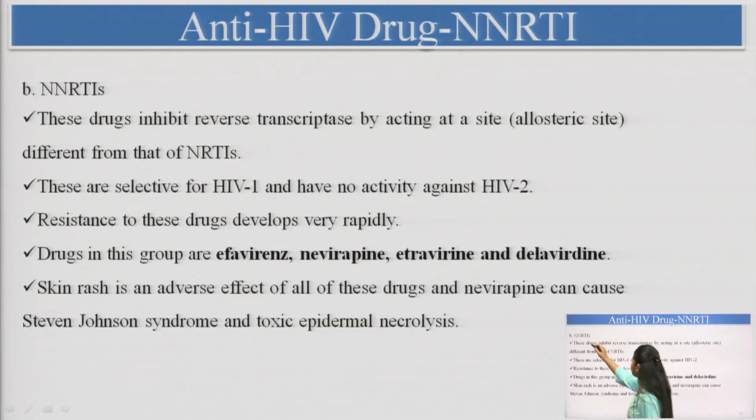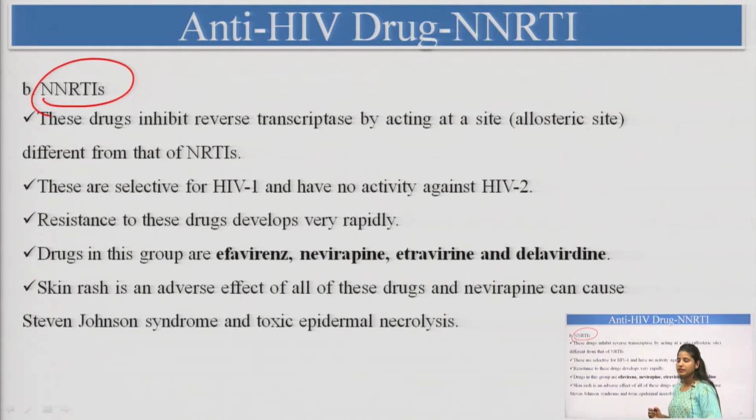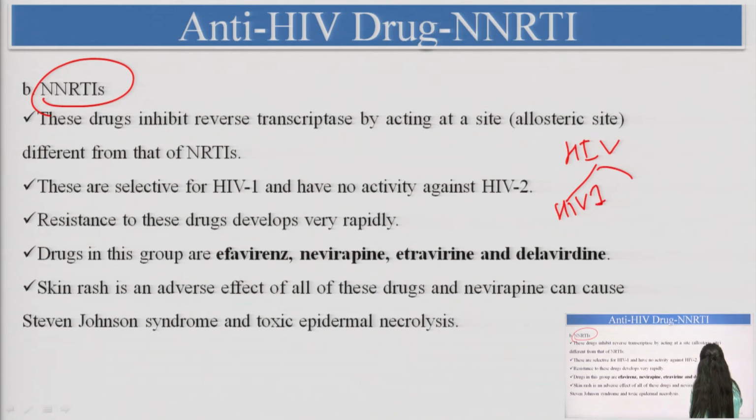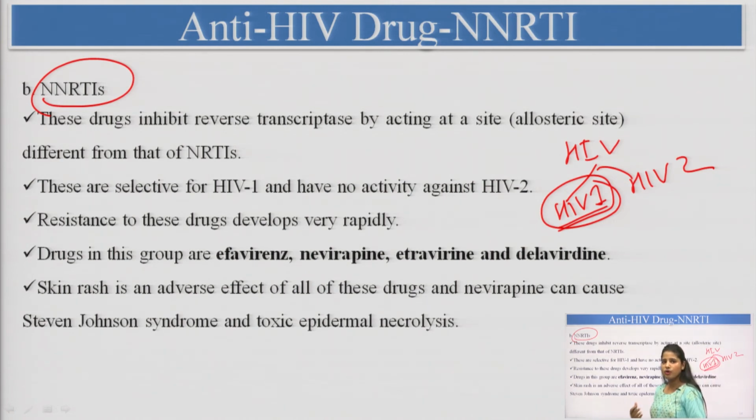Now coming to the NNRTIs. Non-nucleoside reverse transcriptase inhibitors act non-competitively. There are two types of virus, HIV-1 and HIV-2. HIV-1 is predominant worldwide, the number of cases with HIV-1 is more.